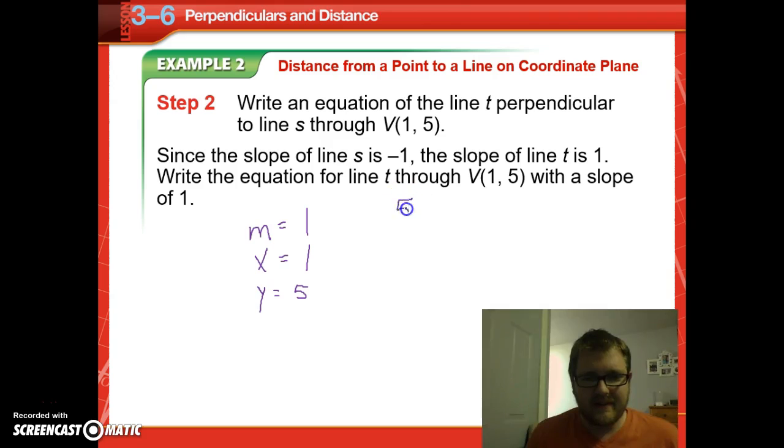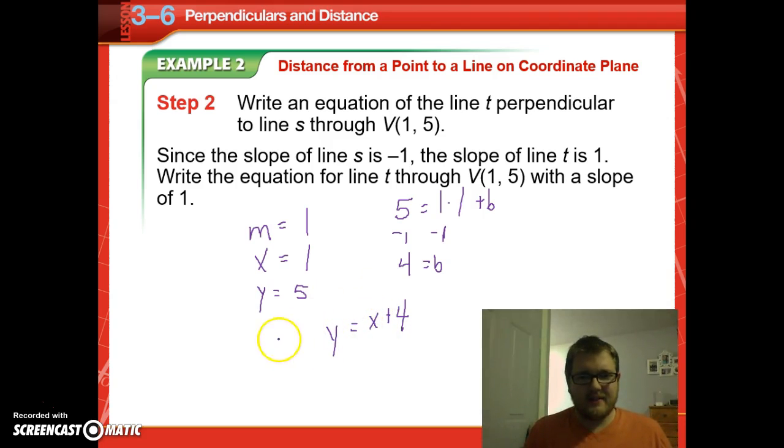So we plug that in. 5 equals 1 times 1 plus b. So essentially subtract 1, we get 4 equals b. So y equals 1x, or just x, plus 4 is our line that's perpendicular to S and goes to that point.